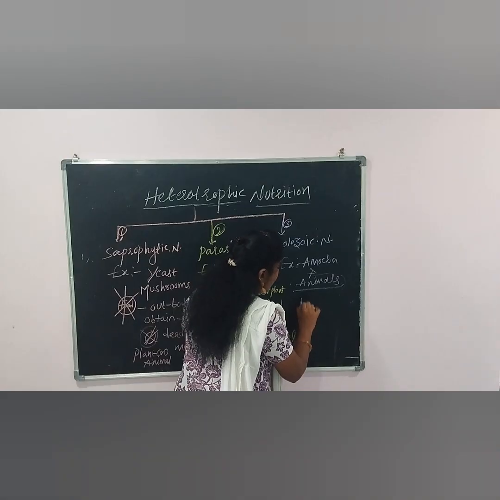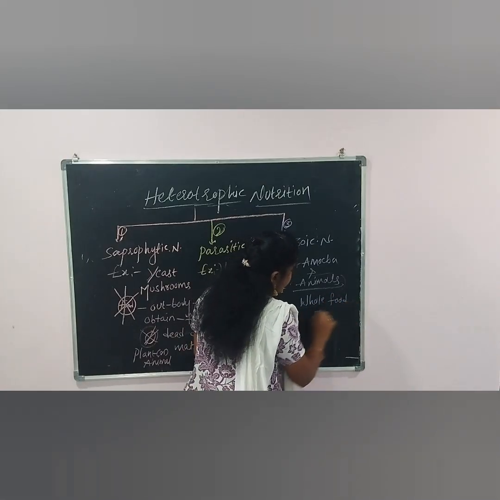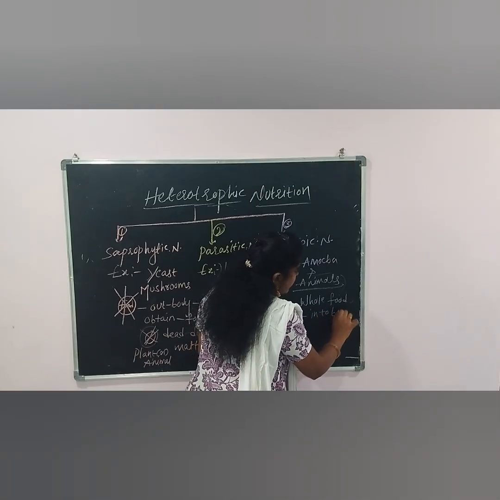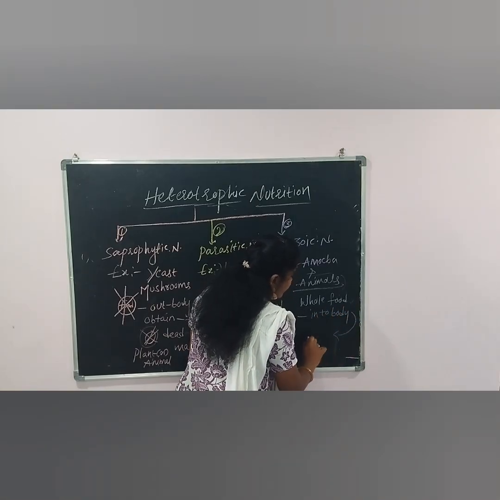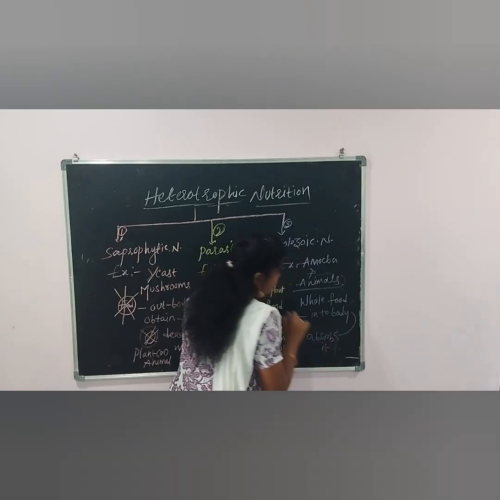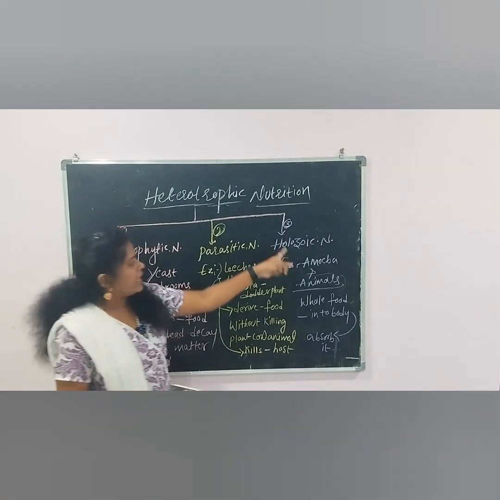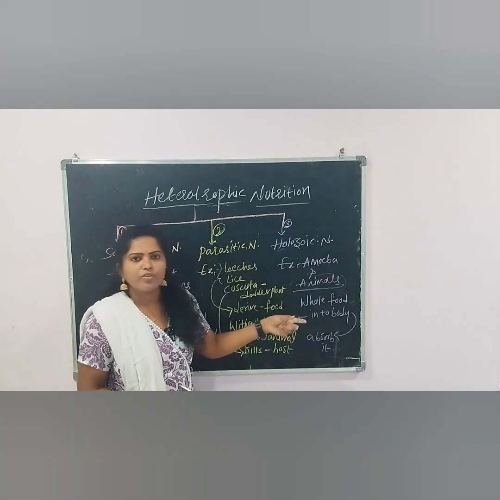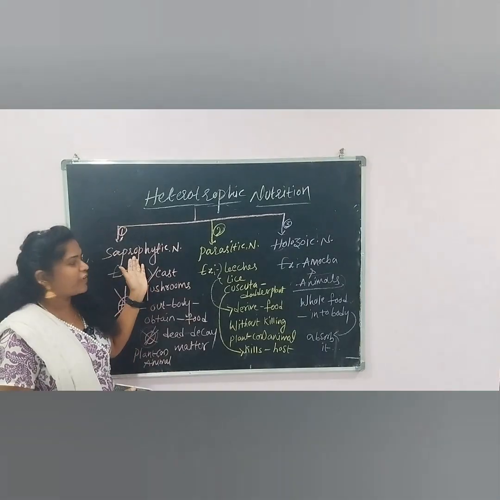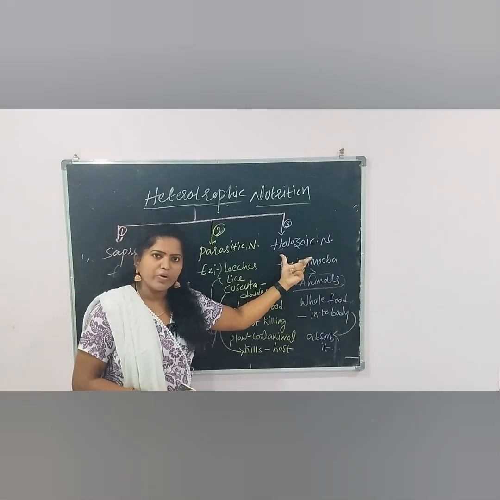We take the whole food material into the body, and then we absorb the food. Different steps are involved in holozoic nutrition. What are they? Let us see. So this is saprophytic nutrition, parasitic nutrition, and holozoic nutrition.